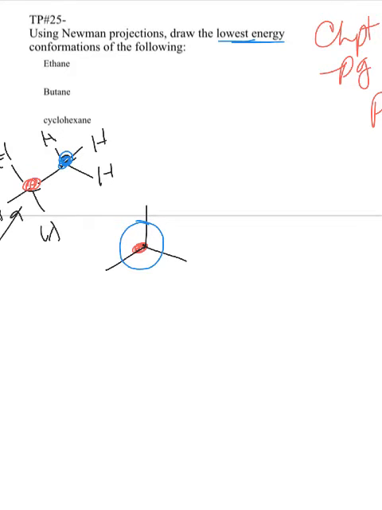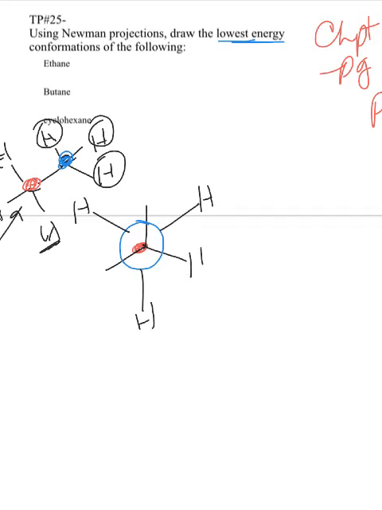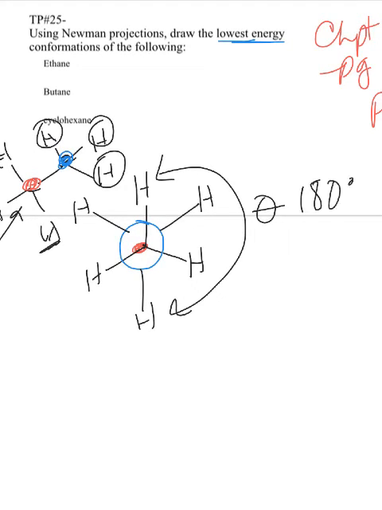And then you draw the 3 hydrogens there, coming off of the back carbon, where it's connected to the blue circle. And then coming off of the red carbon, you have the hydrogens here. What you're looking at is called the dihedral angle, and here it's 180 degrees, and that would be anti.